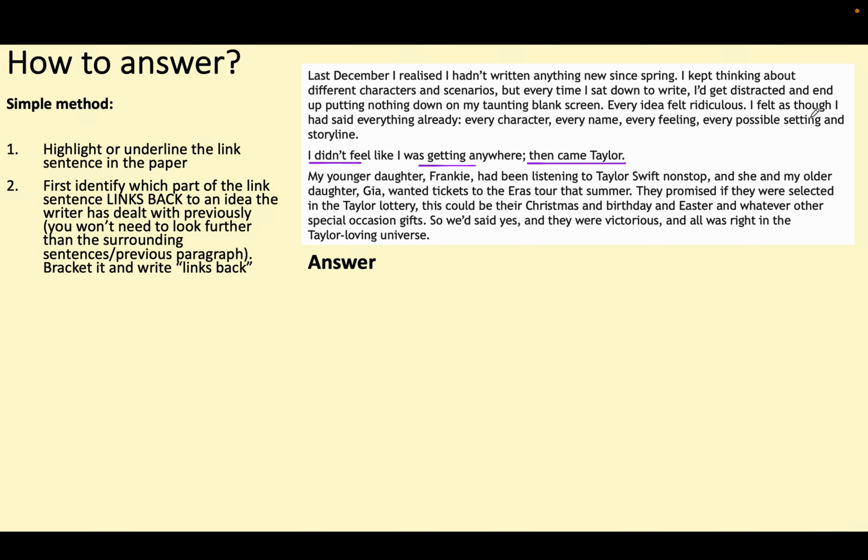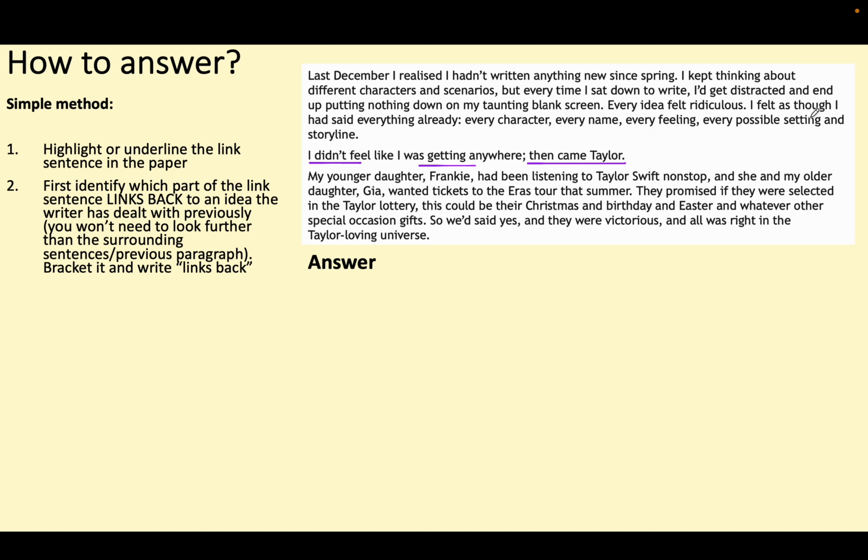After you've highlighted it, you need to identify which part of that sentence links back to an idea the writer has dealt with previously. And I've said again that you won't need to look farther than the surrounding sentences or the previous paragraph.